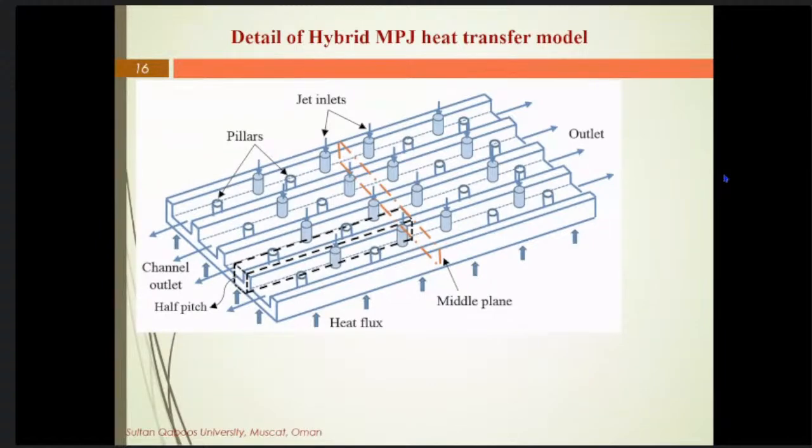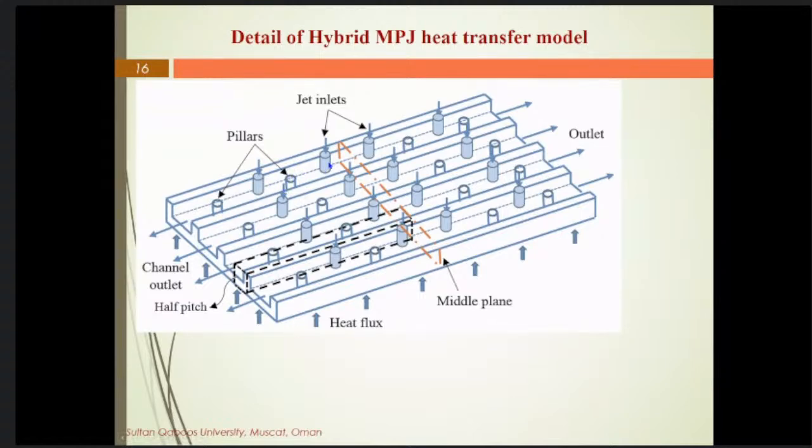This is another technique where the jets are striking on the chip surface, and while the jet fluid is going towards the outlet, it finds an obstruction in the middle of the path, and that obstruction creates further chaos, enhancing the heat transfer coefficient and the rate of heat transfer on the way.